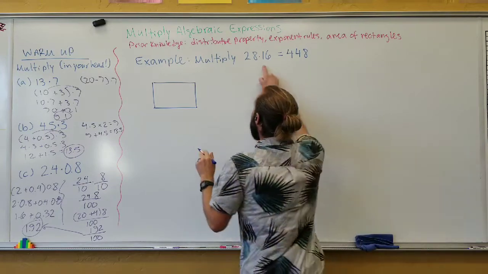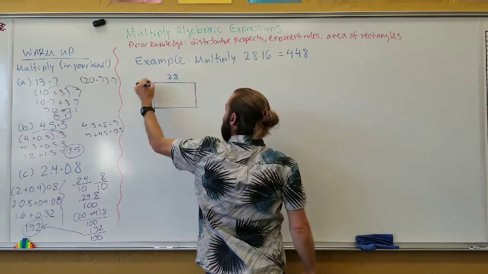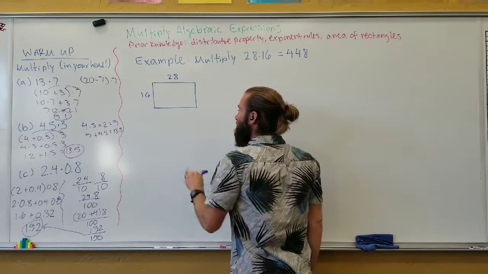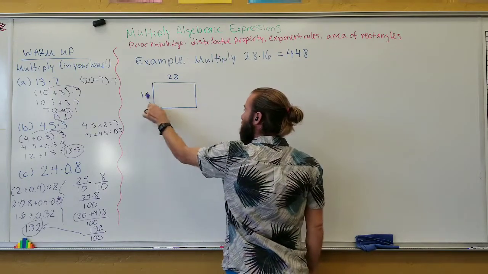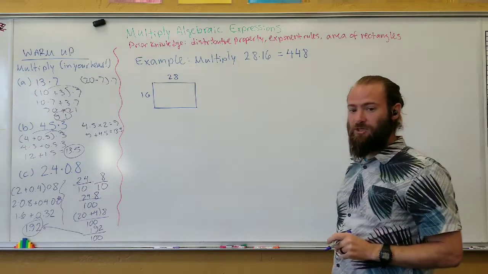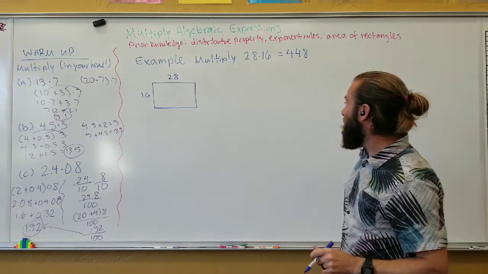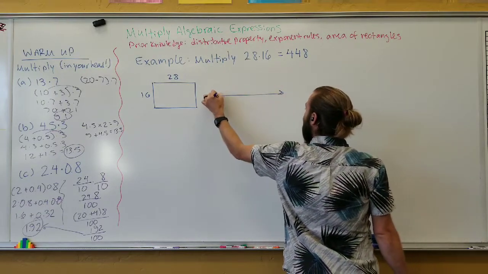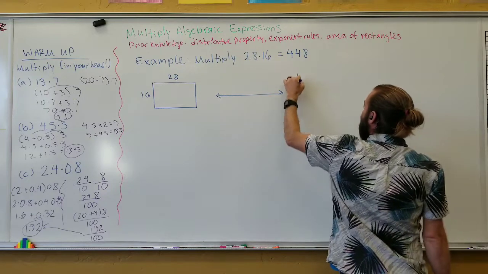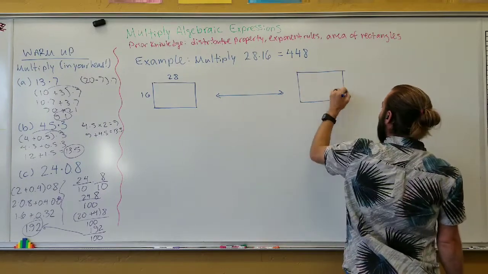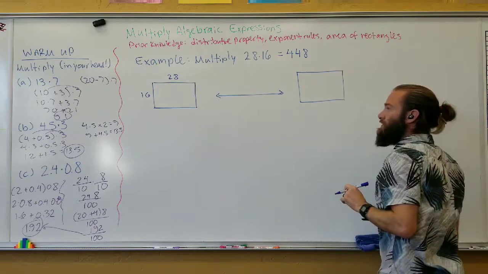In this case, if we were to say 28 times 16, then whatever the product is of that is representative of that area. Does that make sense to you? But I actually would like to think of this in a slightly different way myself. So I'm going to redraw the same rectangle, more or less, okay?